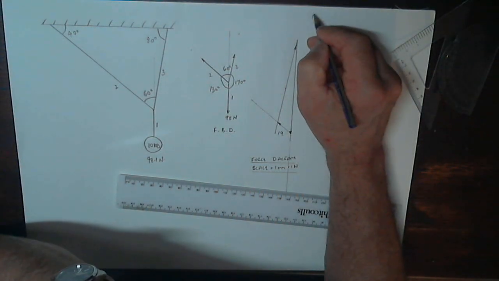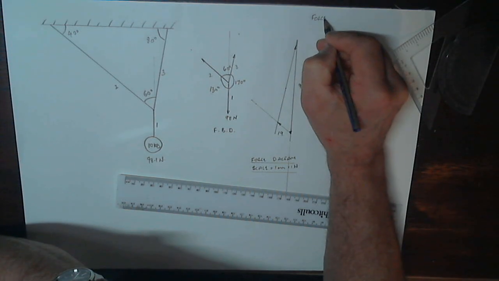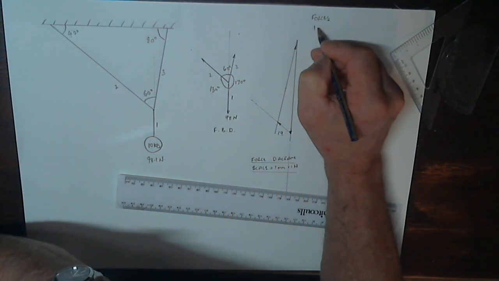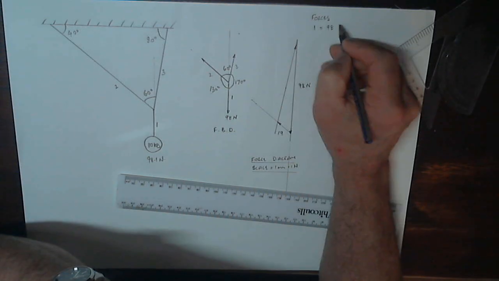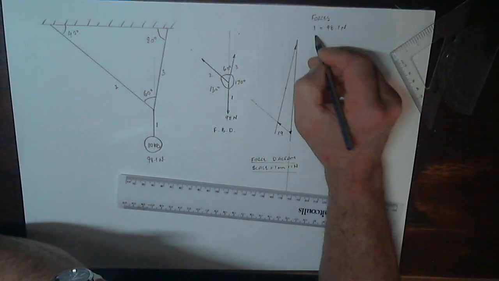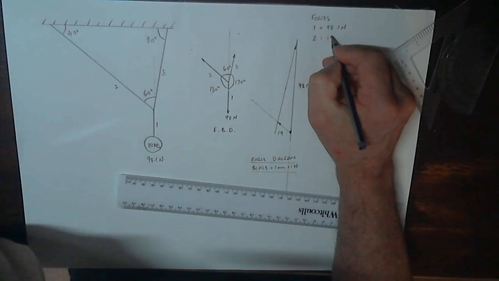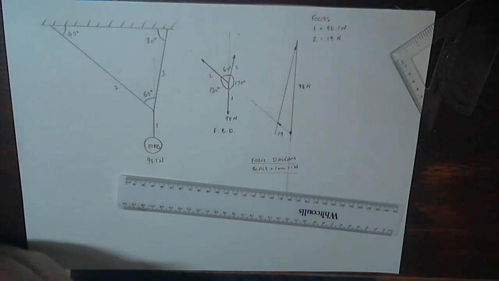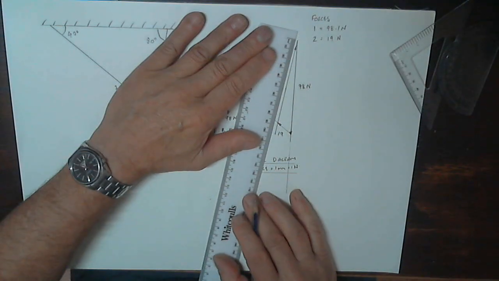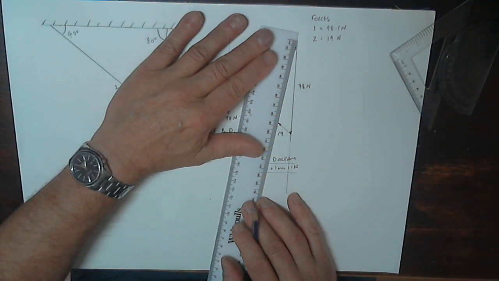So forces 1 equals 98.1 newtons, 2 equals 19 newtons, because 1 newton equals 1 millimeter, and they're measuring here. So that's 90, what is it, 88?